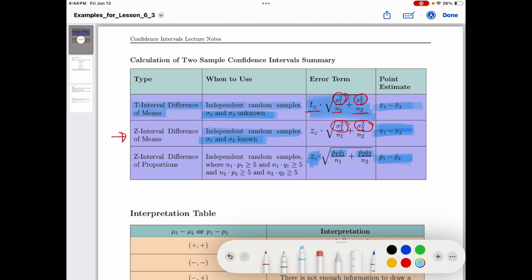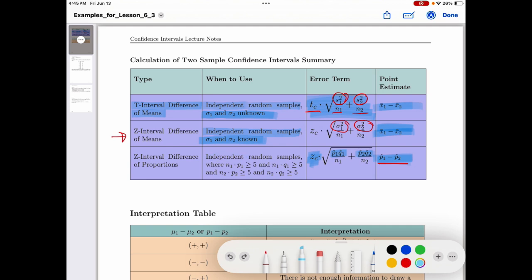And p1 and q1, those are the values for the probability of success and the probability of failure from the first sample. And then p2 and q2 are the probability of success and failure from the second sample. And because we're dealing with proportions, the point estimate is the difference between the probabilities of success between those two samples.